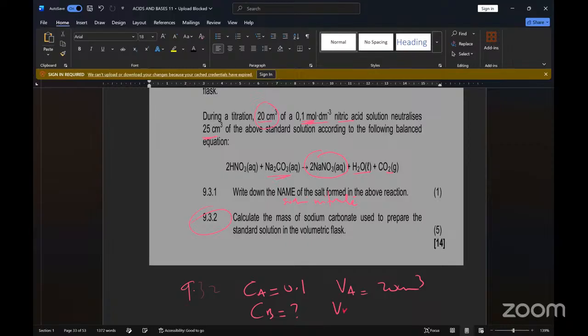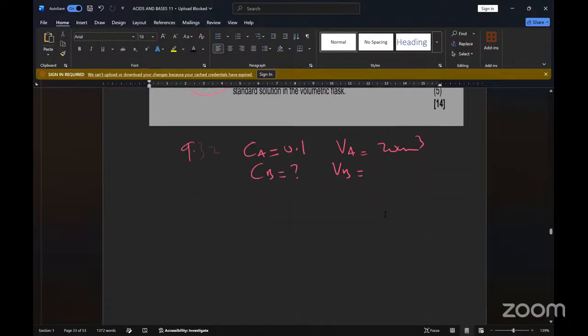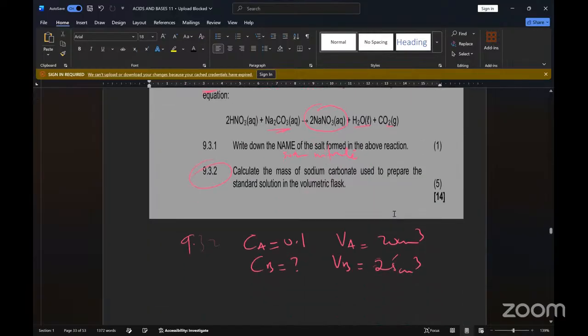The volume of the base in this case was this. This 250 would come later, but for the titration, this is what was used. So you say 25 centimeters cube. We need to find the concentration. Then from the concentration, we'll go to the mass.